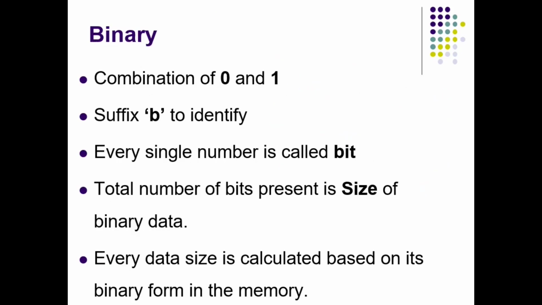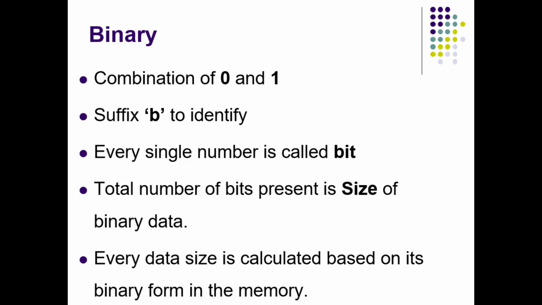Let us study the binary number system first. Here I'll explain only those concepts of the binary number system which I require to explain my course. I am not going in depth. So the binary number system is a combination of zeros and ones. Every time you write a binary number, you should give a suffix, the letter B, at the end of the number on the right side. That is because the 0 and 1 present in the binary number system also appear in other number systems, so it is very hard to recognize which number system the written number belongs to.